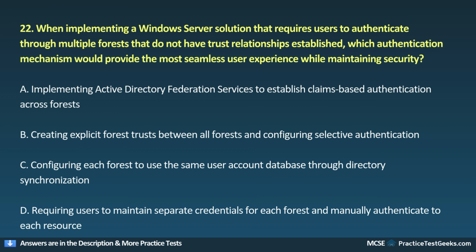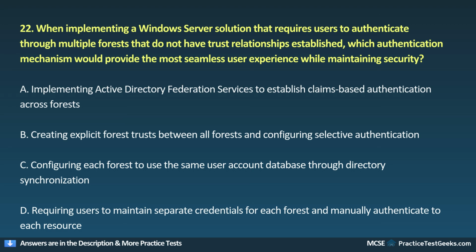22. When implementing a Windows Server solution that requires users to authenticate through multiple forests that do not have trust relationships established, which authentication mechanism would provide the most seamless user experience while maintaining security? A. Implementing Active Directory Federation Services to establish claims-based authentication across forests.